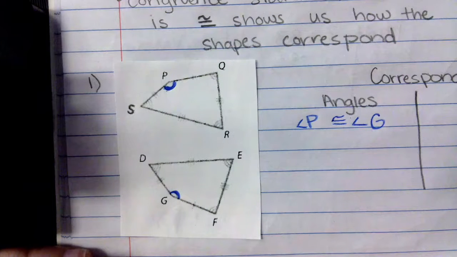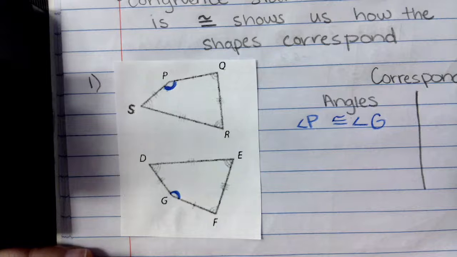Alright, then we go to a different angle. I'm going to go to the one that has two. This is Q. Q has two arcs. I know it's kind of hard to see, so if you need to redraw them in, there should be two.